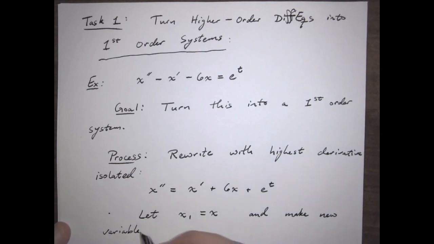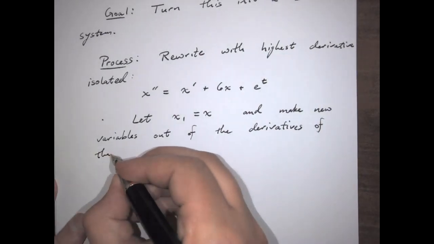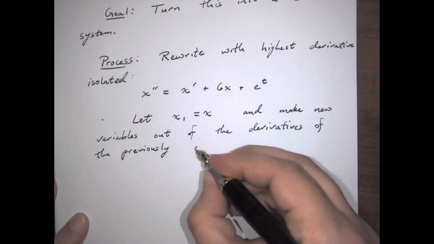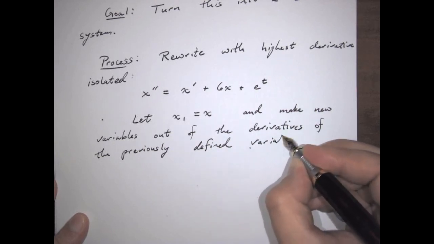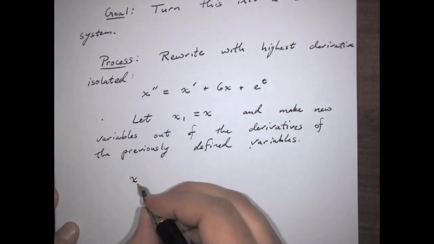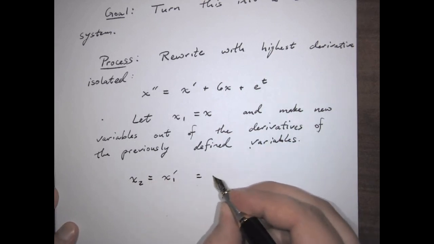Here we're only going to need one new variable out of the derivatives of the previously defined variables. So in particular, that means that x2 is going to be x1 prime, or in other words, just x prime.